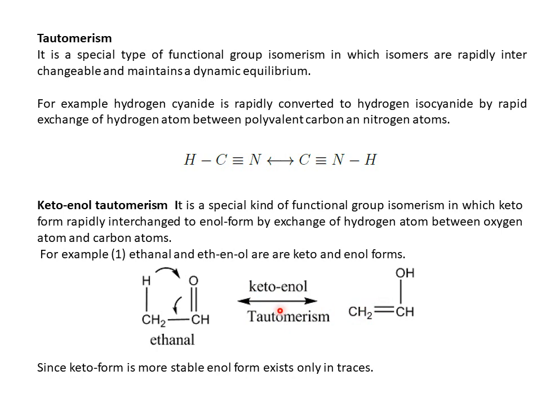This hydrogen atom is transferred, and the double bond is transferred to between the carbon atoms, so it becomes enol. So keto form is transformed into enol. Since keto form is more stable, enol form only exists in traces.